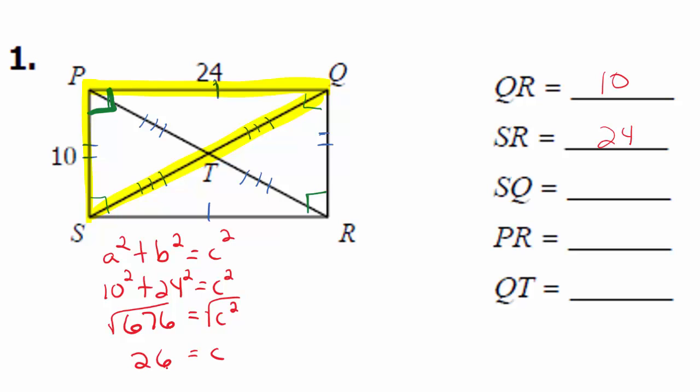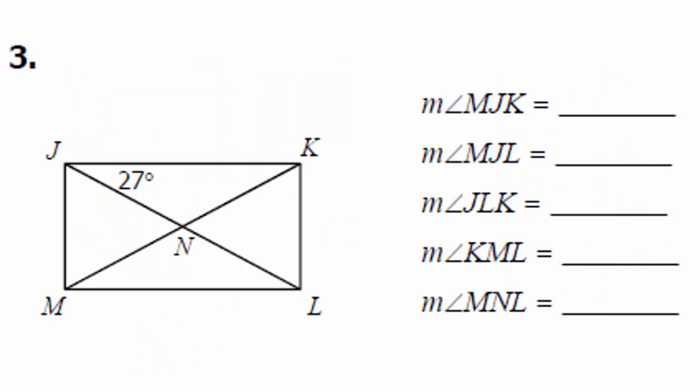That means our diagonal SQ is going to be 26. PR is congruent to it, so it would also be 26. And QT, this half of it, is half of 26, which is 13.